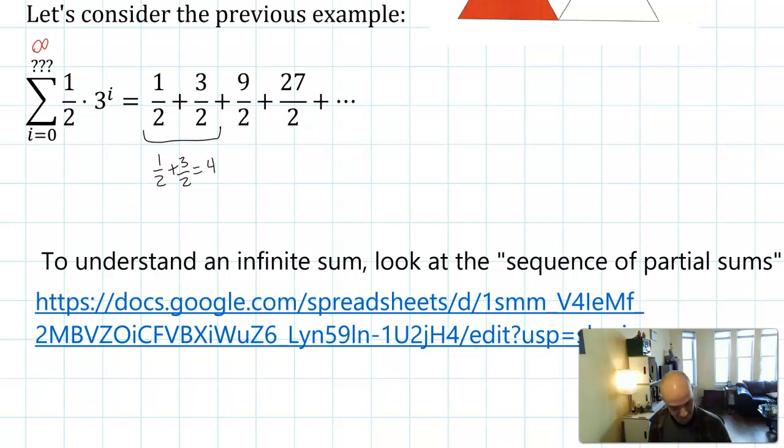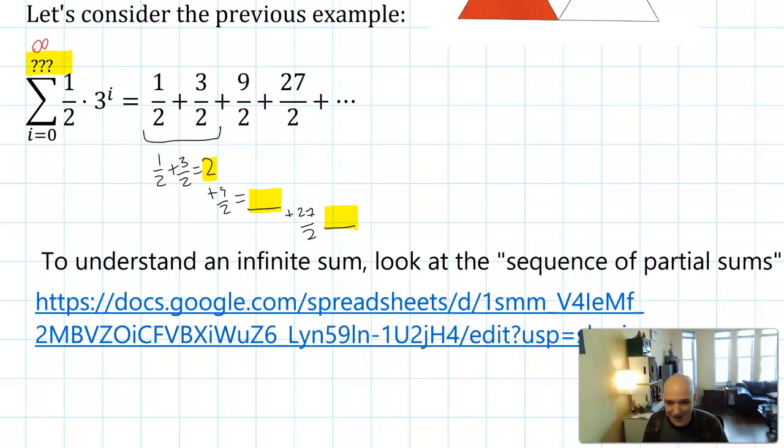Is that 4? No, it's 2. Thanks. And then I could do that plus 9/2 and get an answer, and I could do that plus 27/2 and get an answer. And then instead of just looking at the total, I could look at the sequence of how the sums are growing as the number of terms increases.